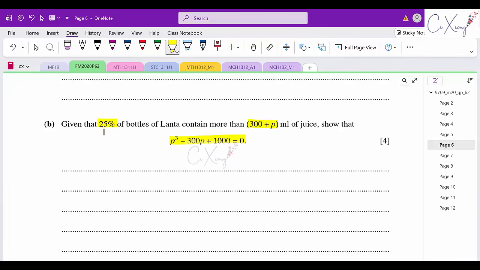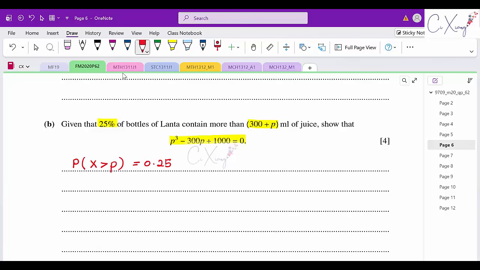Here they already give us the information that the probability is 0.25, or equivalent to 25%. Containing more than this amount of juice means I'm interested in the probability of x greater than p, and this probability should equal 0.25.